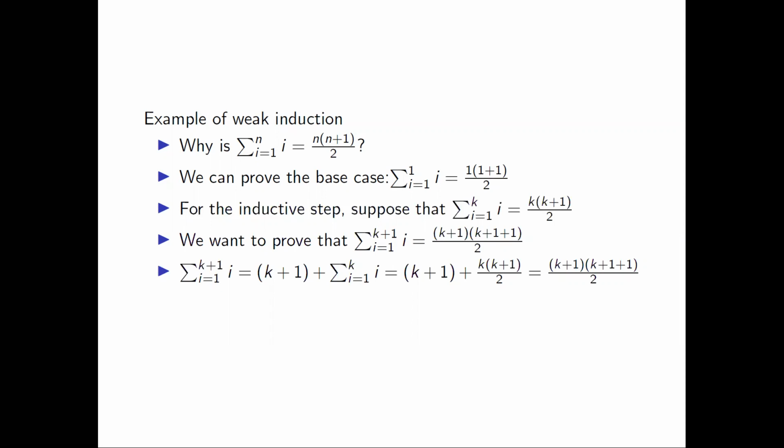And we can write this as k plus 1 plus k times k plus 1 over 2. And then we can simplify this, writing the k plus 1 as 2k plus 2 over 2. And this gives us k plus 1 times k plus 1 plus 1 over 2.